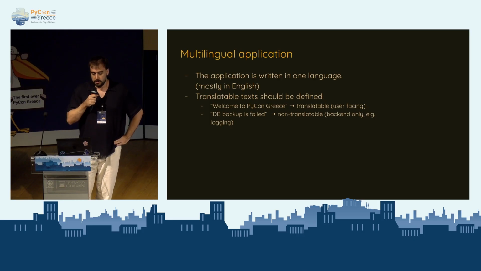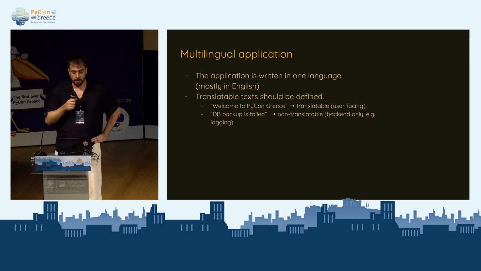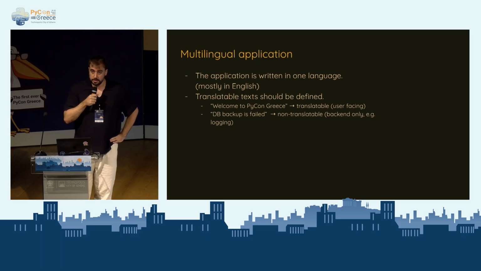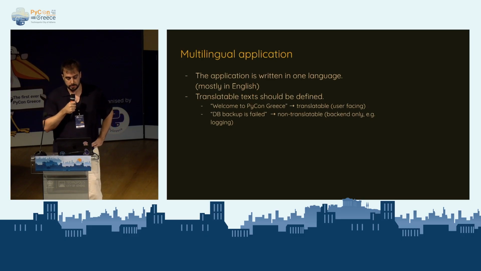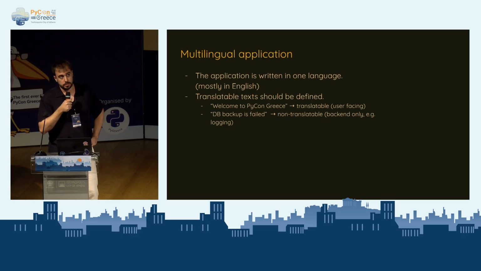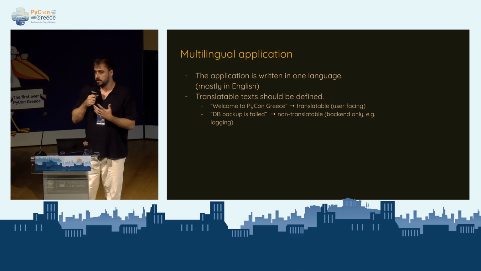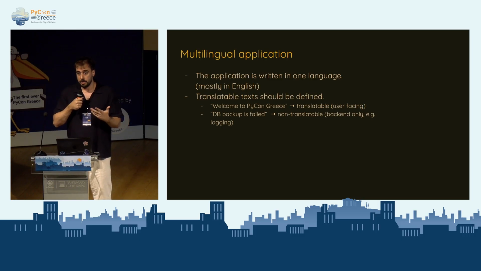And we should differentiate the strings. Are they going to be user-facing strings or mostly for backend purposes? If they are user-facing strings, we should define them as translatable. But if they are not, we don't need to deal with the translations, because translations actually bring cost for us.